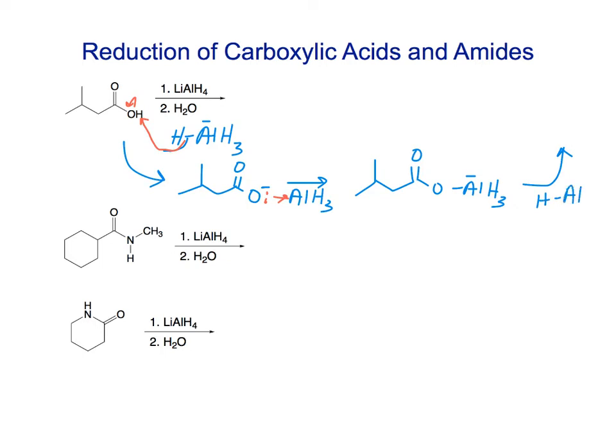Another equivalent of lithium aluminum hydride can now come in and react like this. Now we're going to follow the same mechanism that we've been doing. So we're going to go to a tetrahedral intermediate, AlH3 minus there, and an H. And then the H with the aluminum on it acts as a leaving group.